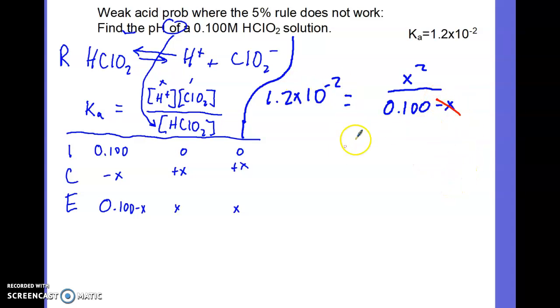Okay, so if we do the simplification, you always start with this, makes it easier. Just imagine that x is so small. So we multiply these two numbers together, take the square root of that.